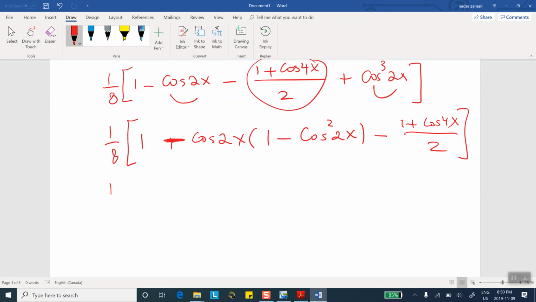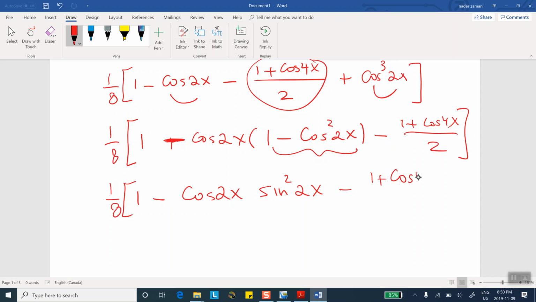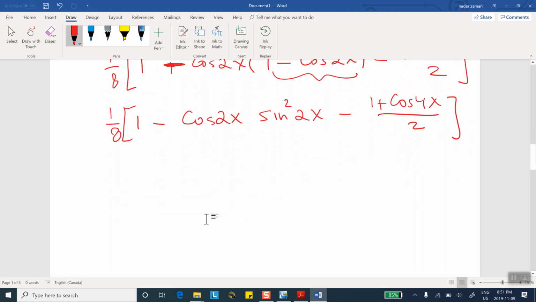Okay, 1 over 8. 1 minus cosine of 2x. Now notice that this fellow is simply sine squared 2x. Okay? And then this other thing stays. Minus 1 plus cosine of 4x over 2. 1/8. 1 minus cosine of 2x. Now remember, we have a formula for reducing this using the double angle formula.